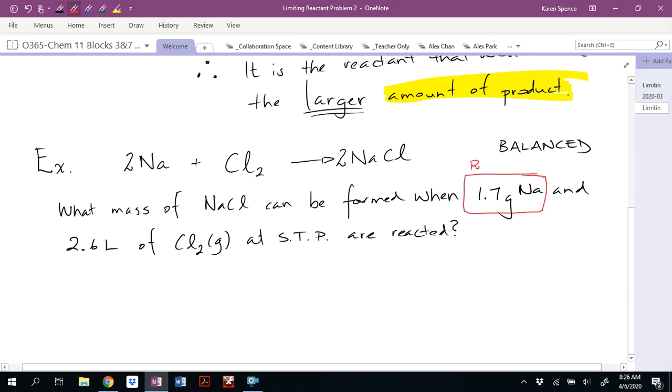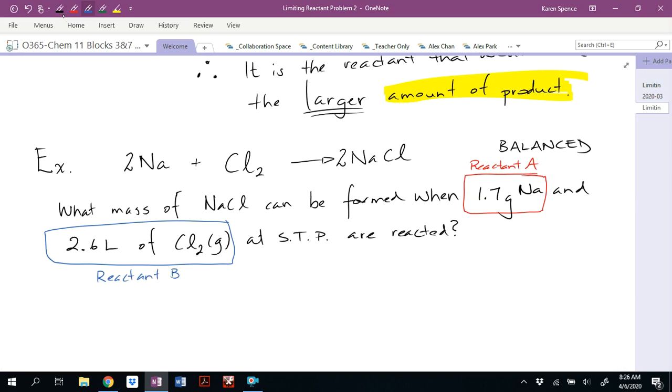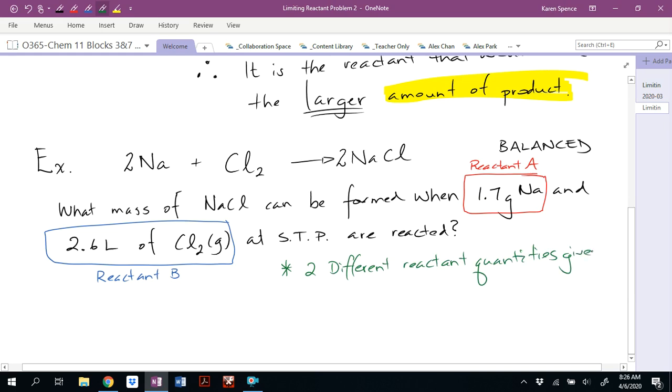So here's reactant A, and here is reactant B. And if we have two different reactant quantities given, then it is a limiting reactant problem.